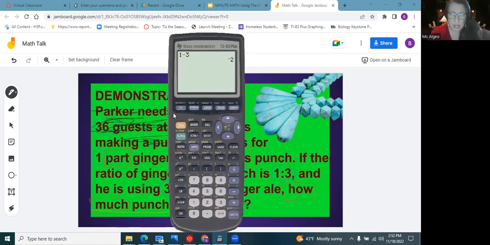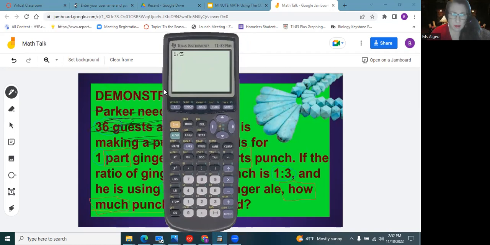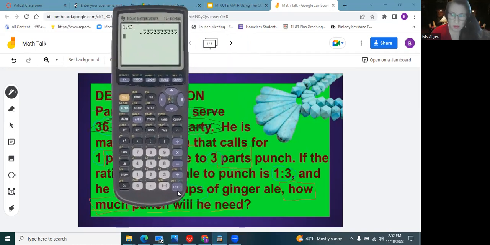Okay, what did I get as an answer? Whoop, I used the wrong one. Clear. 1 divided by 3 is going to be 0.3 repeating. So I should get that same answer. On the other side, I had 3 divided by 9, same answer. So there's a couple tricks here and shortcuts we could use to check our work.